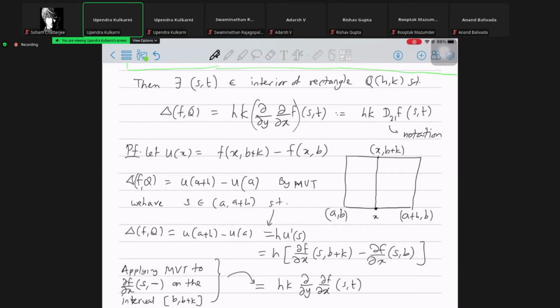Sorry, just one second. I'm a bit confused over here. So what is the hypothesis that we require? So we need both u and the new function, like del f del x at s, to be, right, both of those functions must be continuous on the requisite interval. I'm just trying to interpret this in terms of the original function f. What does that mean?